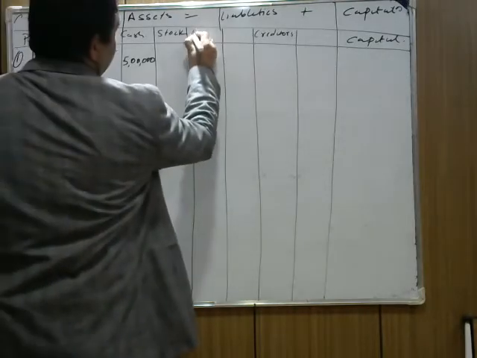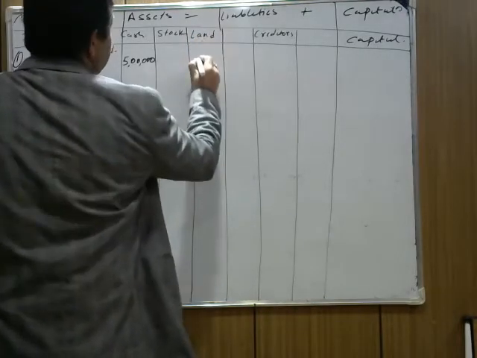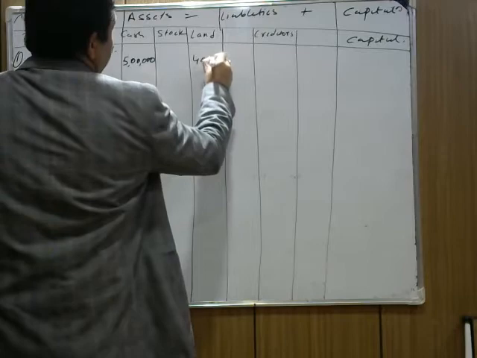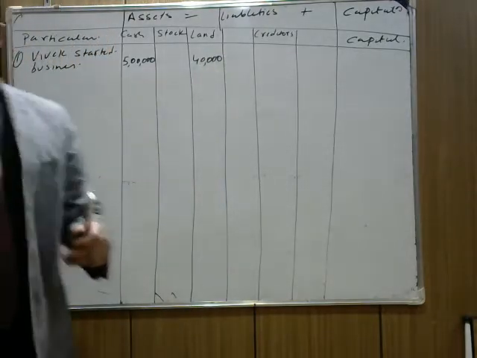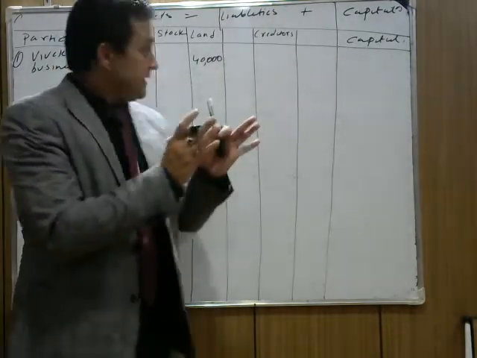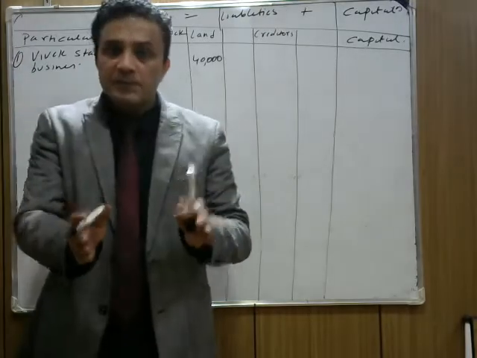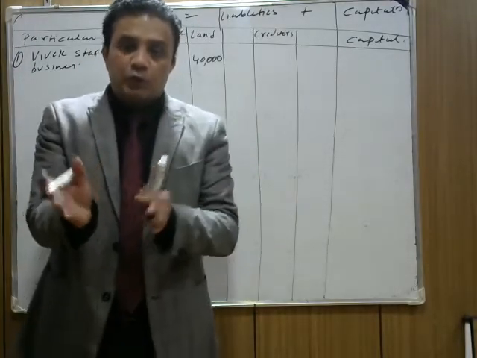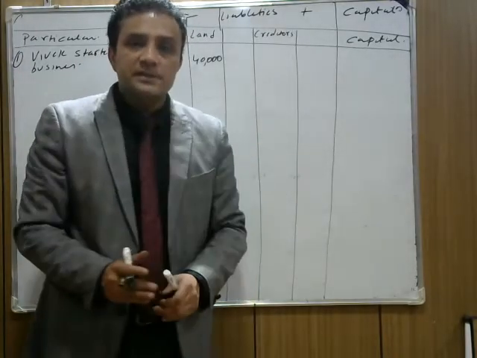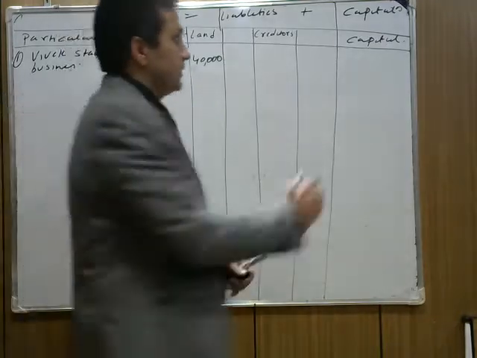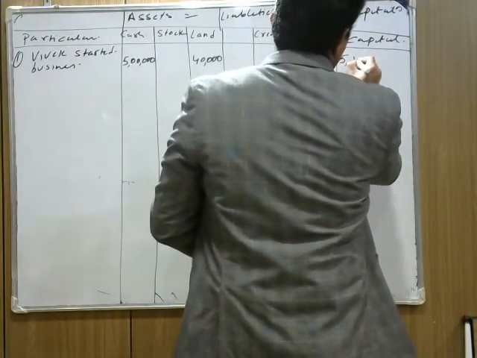You have to write land over here. It means the total amount he invested in the business is 5 lakh 40,000. So here write 5 lakh 40,000.